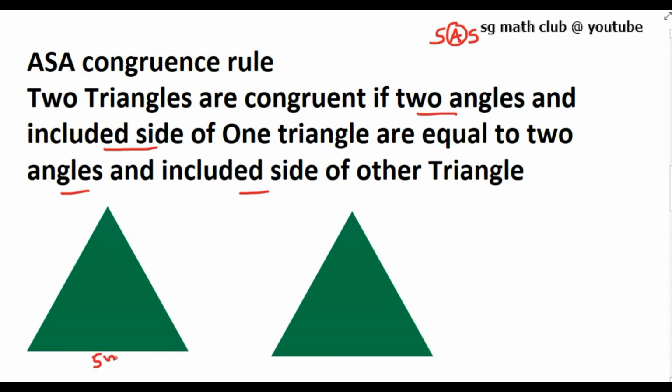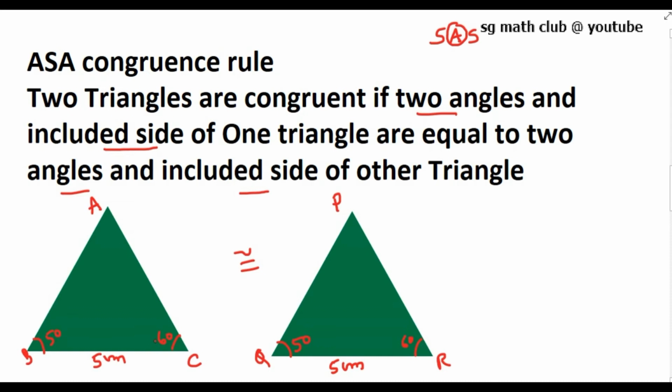For example, if this is 5 cm, and this angle is 50 degrees and this is 60 degrees, then we can say that triangle ABC is congruent to triangle PQR. The side should come in between two angles.